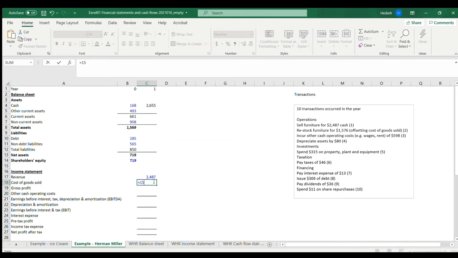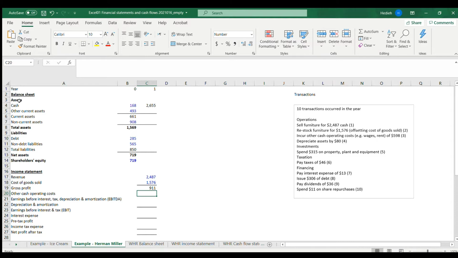After considering this in the income statement, in the section of gross profit, we know that it is equal to revenue minus cost of goods sold. So we updated the income statement for this transaction.